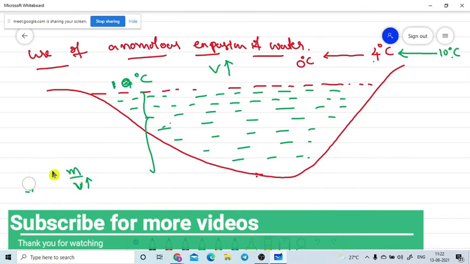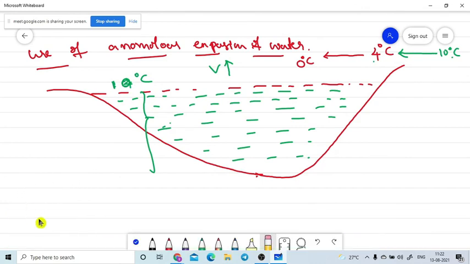Water is showing normal behavior, the same as all substances. Coming from 10 degrees Celsius to 4 degrees Celsius, volume will decrease. Are you getting or not? Yes, sir. Volume will decrease. While volume decreases, the density formula rho is equal to mass by volume.